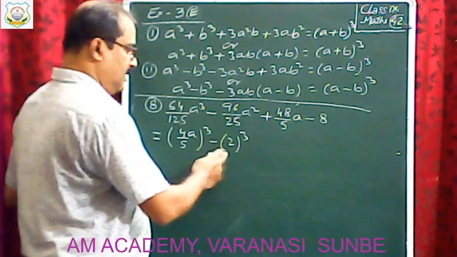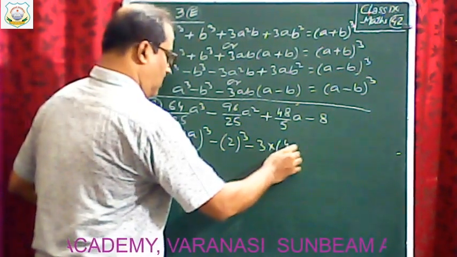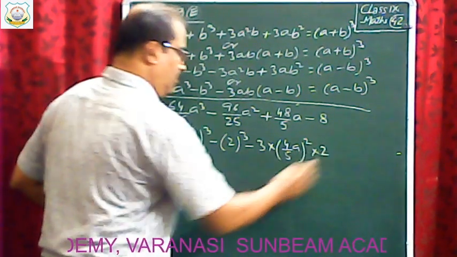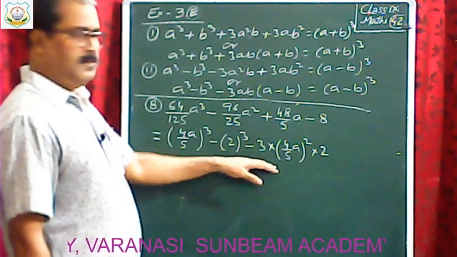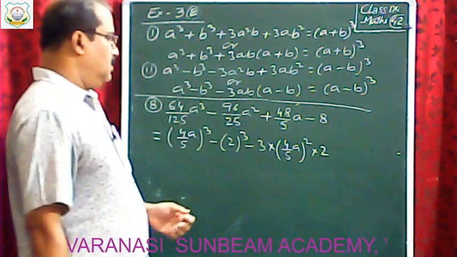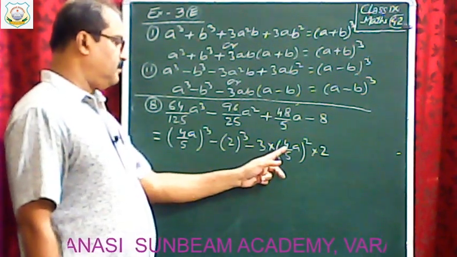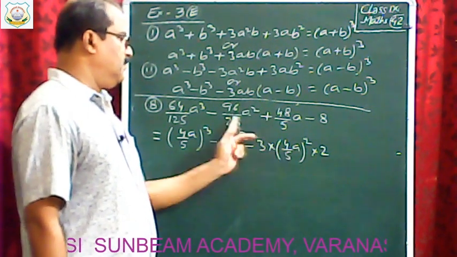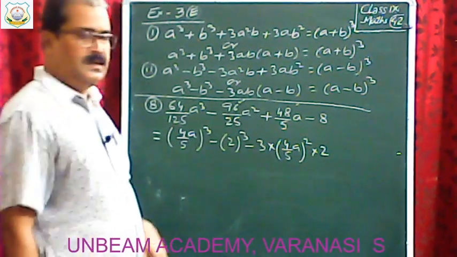So a cube minus b cube minus 3 into a square means (4 upon 5a) whole square into b. b is 2. Now check whether the product matches the given terms in the polynomial or not. 4 4 is 16. 3 is 6. 16 6 is 96 a square. 5 square 25. It means 96 upon 25 a square matched.